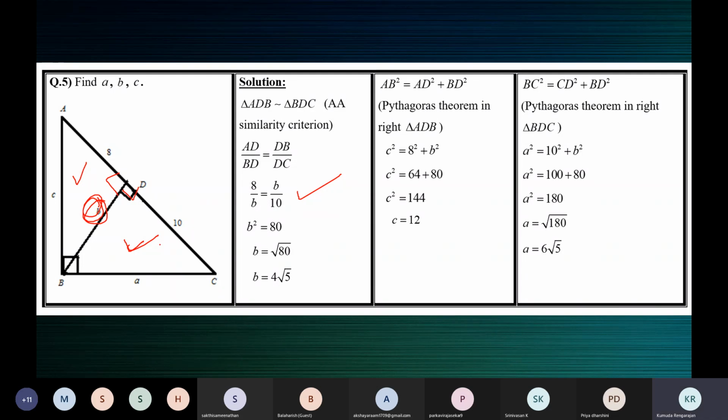Pythagoras theorem, children. And we know the value of B. We know this is 10, so we can find A. After finding B, children, you can find A and C using Pythagoras theorem in the respective triangles.